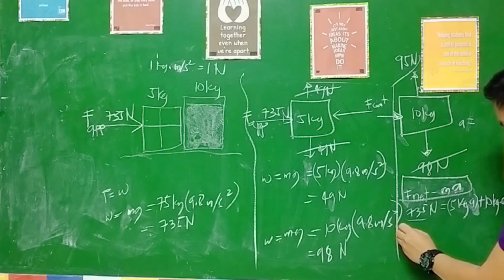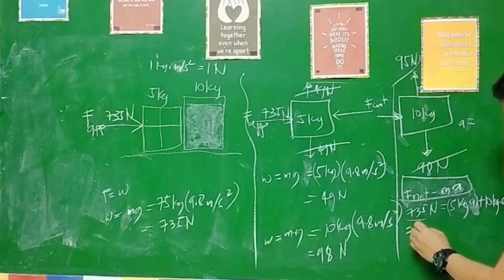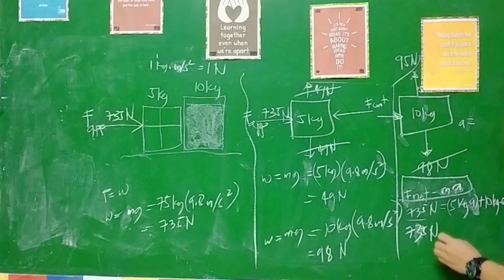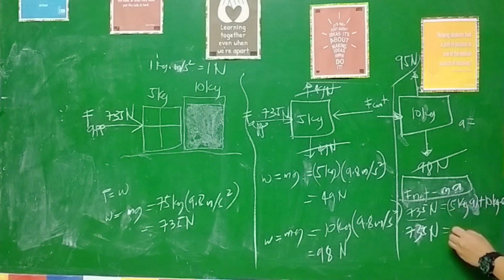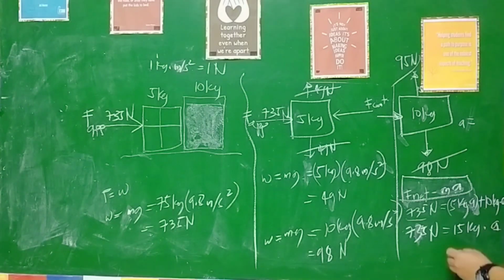So, you will have 735 newtons is equals to 5 kilograms plus 10 kilograms, which is 15 kilograms, times A. So for us to calculate for acceleration, let's divide both sides by 15 kilograms.